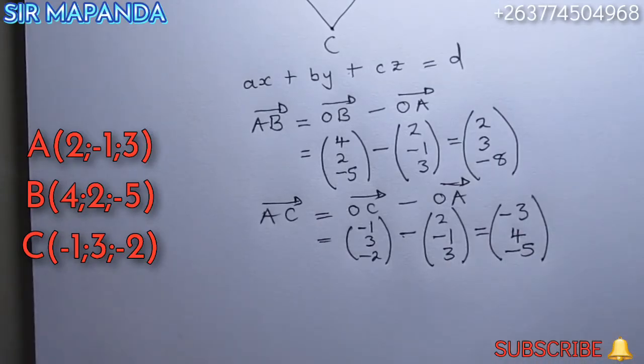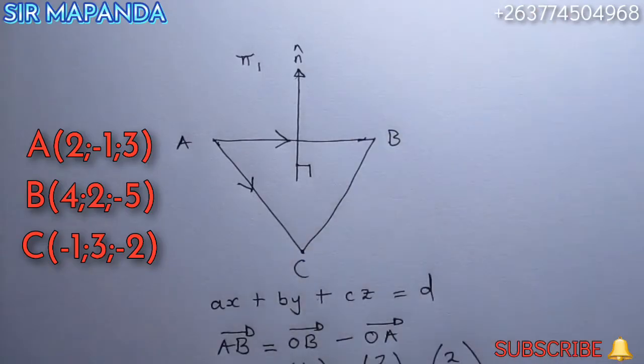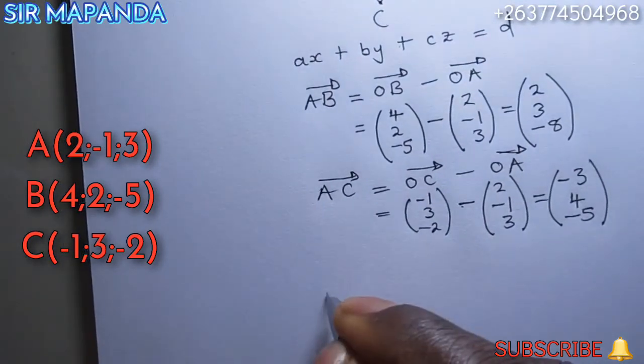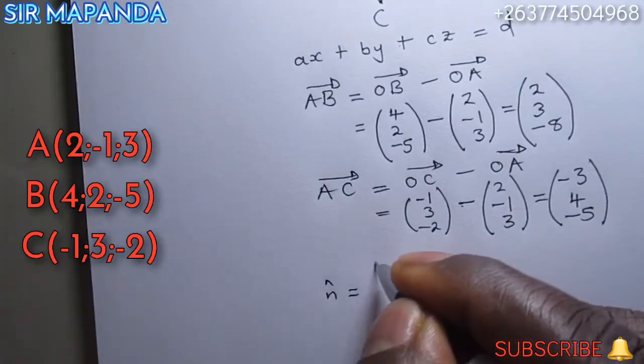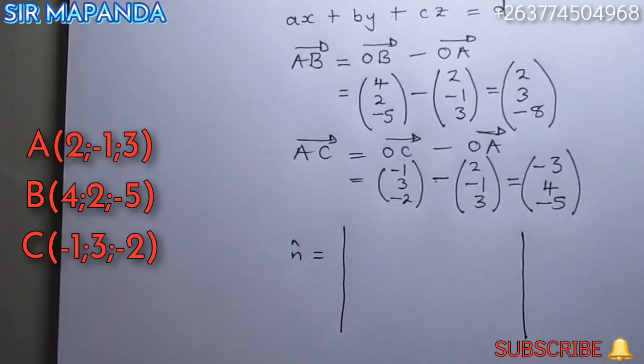Now that we have AC and AB, we now perform the cross product, which enables us to find the normal vector of the plane ABC. I hope you are following, class. So the normal vector of the plane ABC is going to be found by performing the cross product.